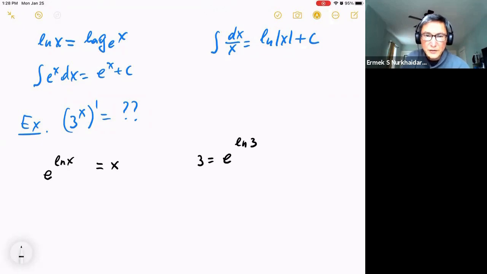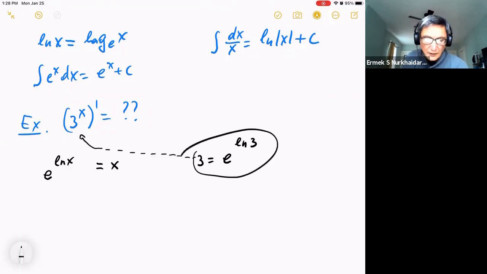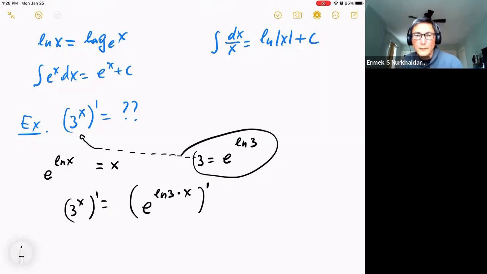So now let's substitute that expression for 3 into the derivative of 3 to x. We wanted to find the derivative of 3 to x, and 3 is equivalent to e to ln of 3, and then we multiply by x. And then we'll do chain rule. Our inside function is ln of 3 times x.